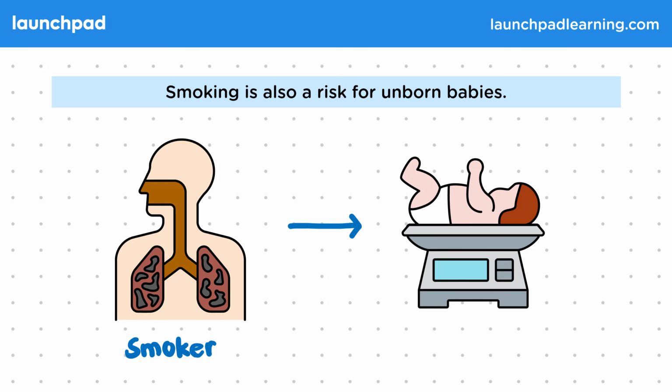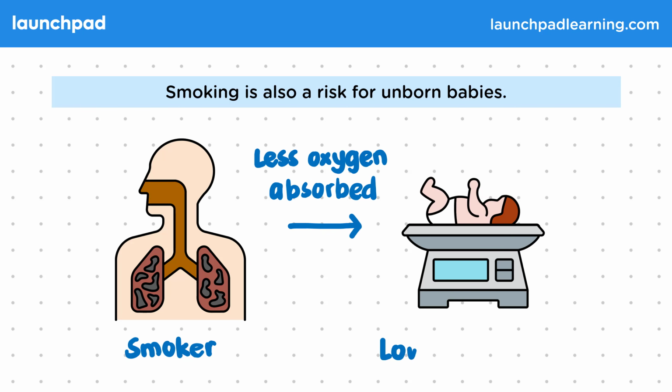If this happens, the unborn baby may also receive less oxygen, affecting its growth. This can cause a low birth mass, premature birth, and also a risk of miscarriage. For this reason, pregnant women are strongly advised not to smoke. You don't have to memorize the effects of smoking on unborn babies, but you should be able to interpret them from information given to you in exam questions.